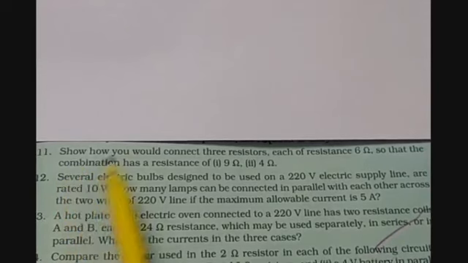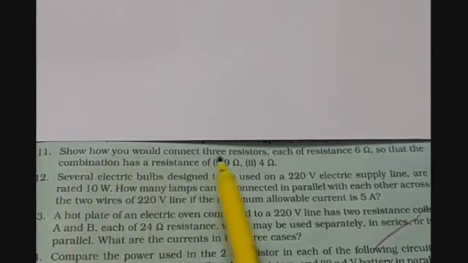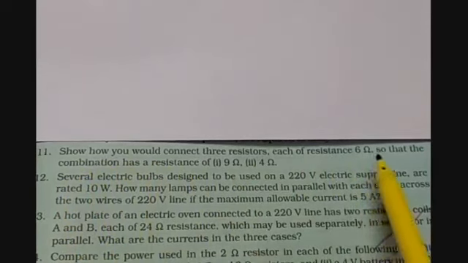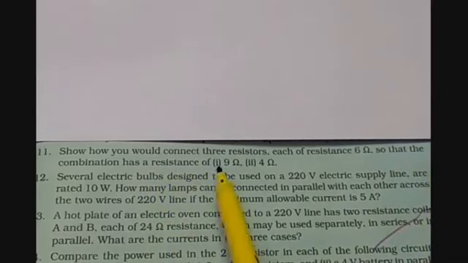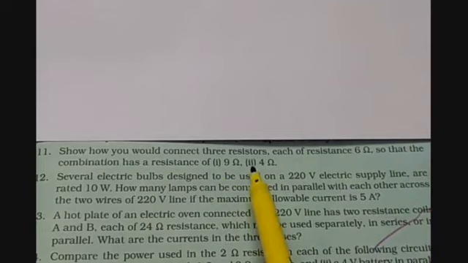Question number 11 is, show how you would connect 3 resistors, each of resistance 6 ohm, so that the combination has a resistance of first 9 ohm, second 4 ohm.